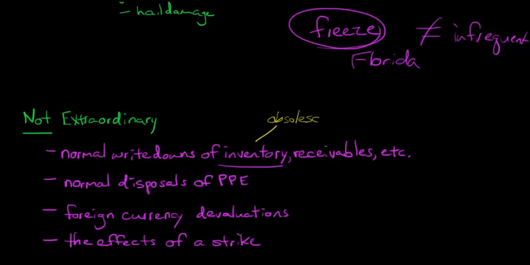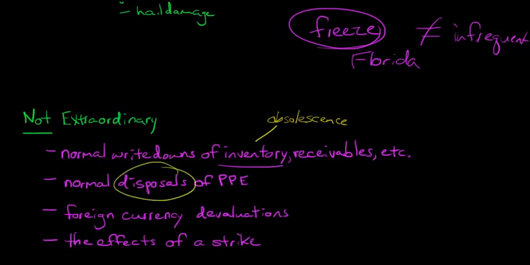The computers that you made are obsolete because your competitor came out with some new ones, and so now we have to take an inventory write-down. That's not extraordinary, because we expect that there might be some obsolescence or write-downs in your business. We expect these things happen in business operations, even if you're surprised.